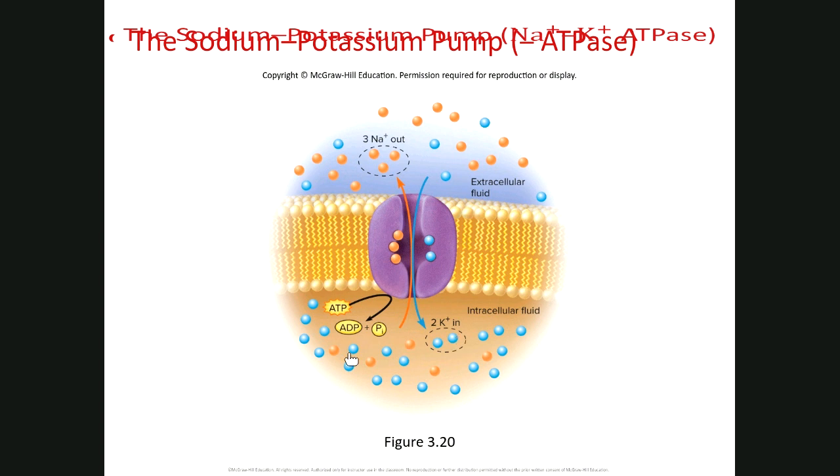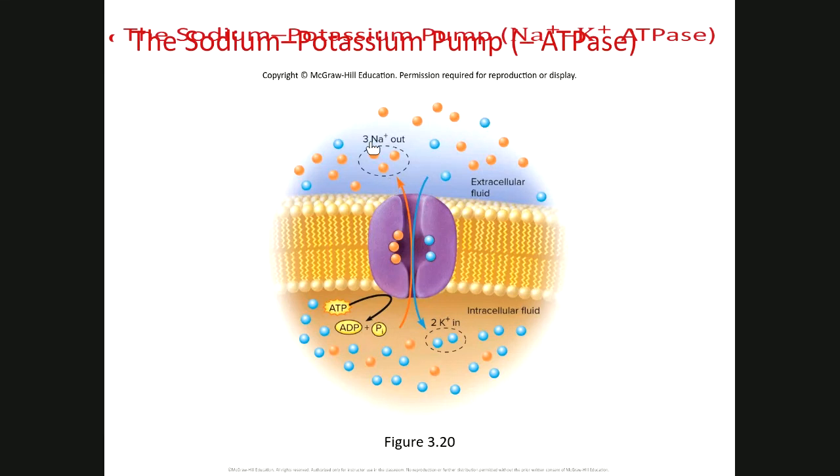There's more little blue dots on the inside. Okay? Now, there are fewer sodium ions inside. That is the normal relaxed state. And the reason we have fewer sodium ions inside the cell is because of the sodium-potassium pump. It is pumping out. It is taking out 3 sodium ions at a time.